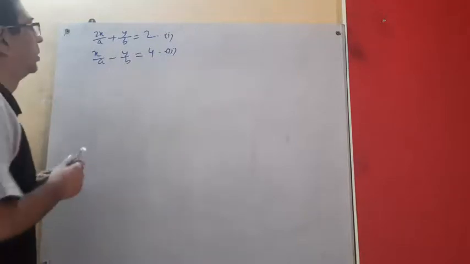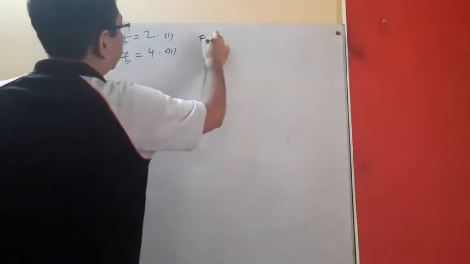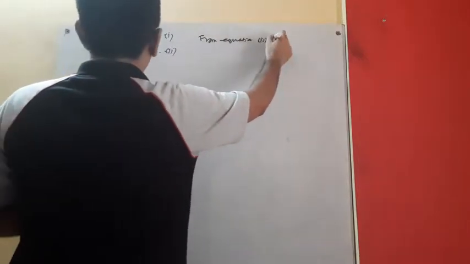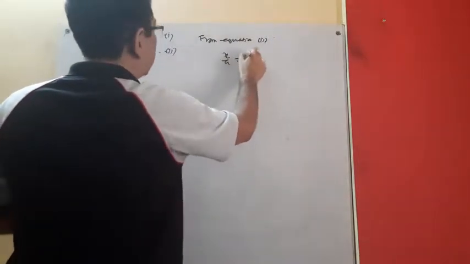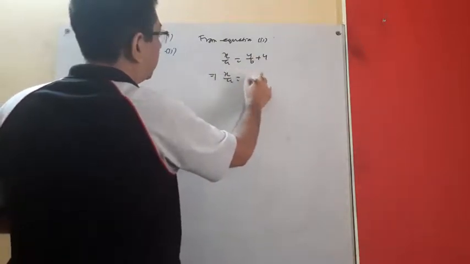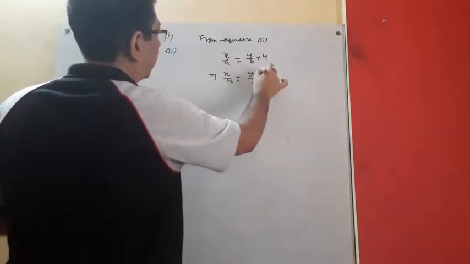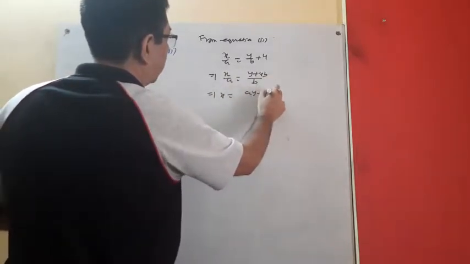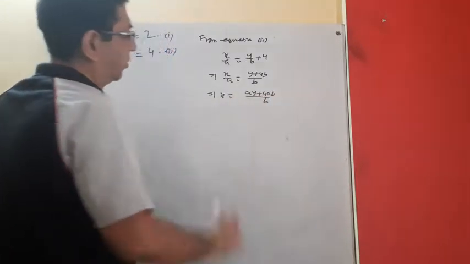But here I am asked to do it in the substitution method. What will I do? From equation 2, x by a equal to y by b plus 4, or x by a equal to, b is the LCM, y plus 4b by b, or x equal to ay plus 4ab by b, right?